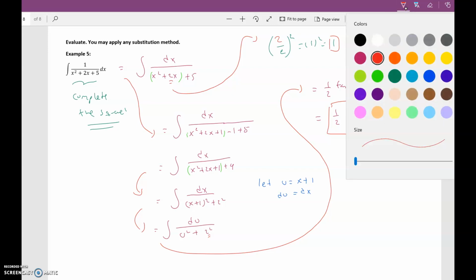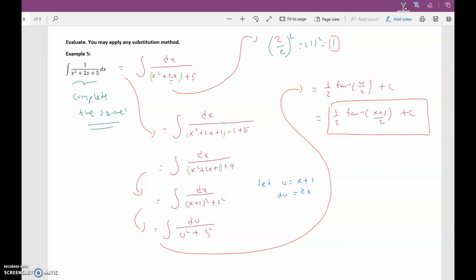Just to clarify the formula that I'm using, it's the formula of the integral of du over a squared plus u squared. This is equal to 1 over a tangent inverse of u over a plus c.